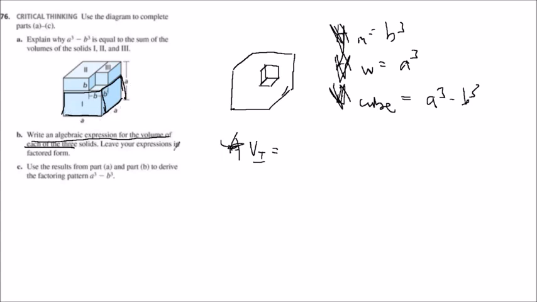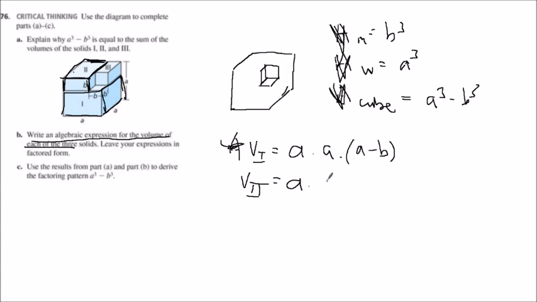It's length times width times depth. So it's just a times, and then this is a. This whole thing's a, and it's missing a b, so it's just a minus b, simple. Actually, I'll just leave it like that because part C is really nice when you leave it like that. Now the volume of the second solid: this side is b long, right? This side is a long, as denoted by this, and then this side right here is a missing b, so a minus b.